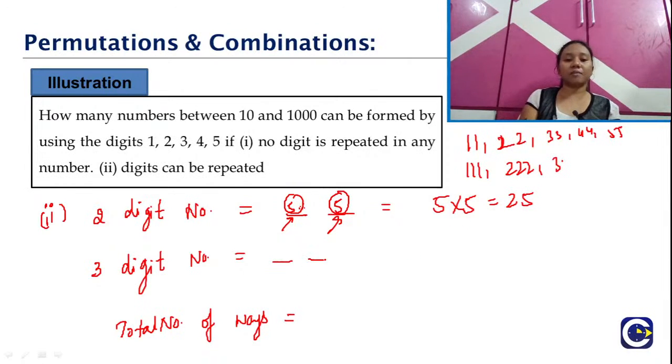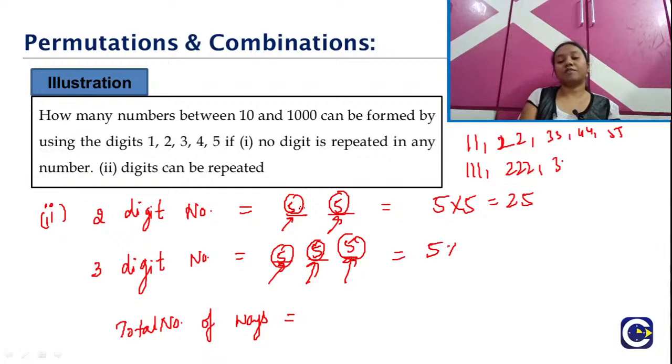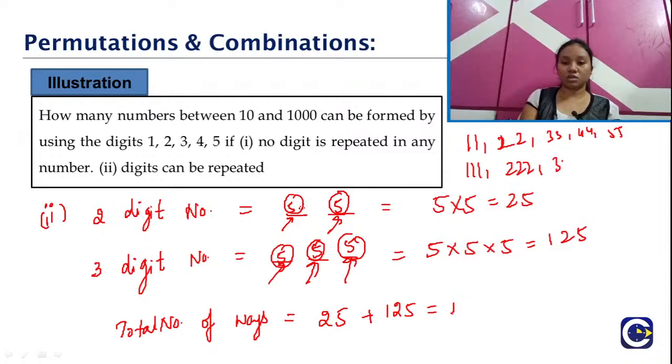Similarly for a 3-digit number, here the hundreds place has 5 possible ways, the tens place 5 possible ways and the ones place 5 possible ways. That is 5 into 5 into 5. So 25 into 5, 125. Right, so the total number of ways will be 25 plus 125, which is equal to 150.